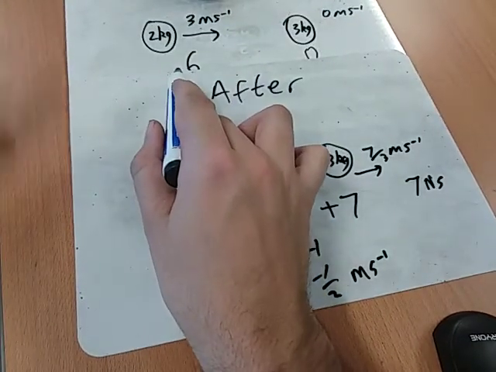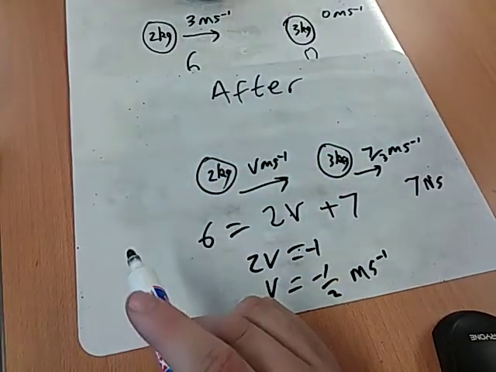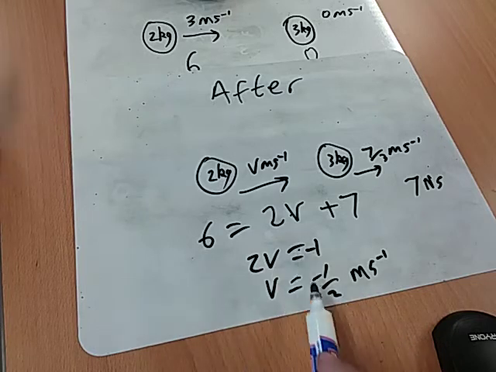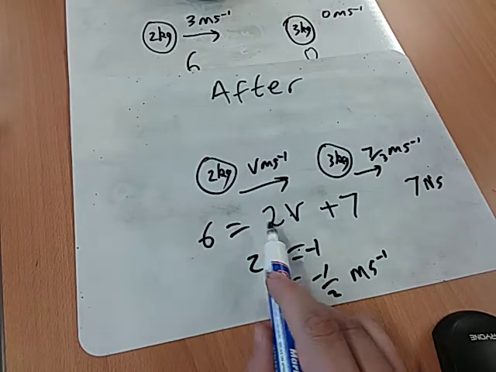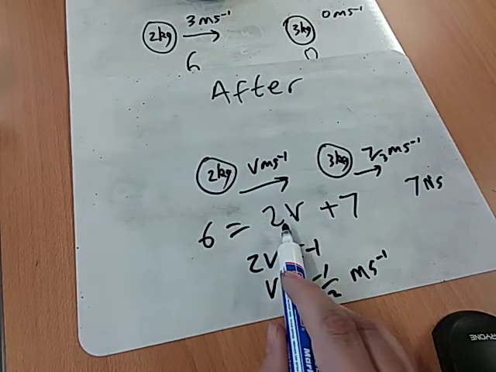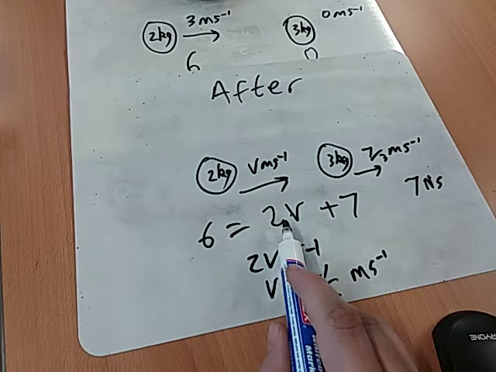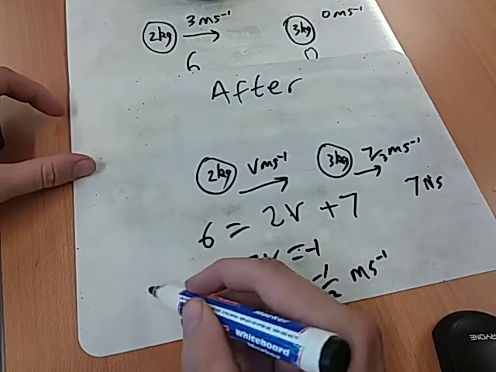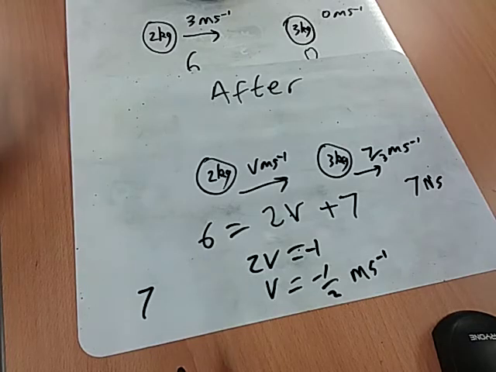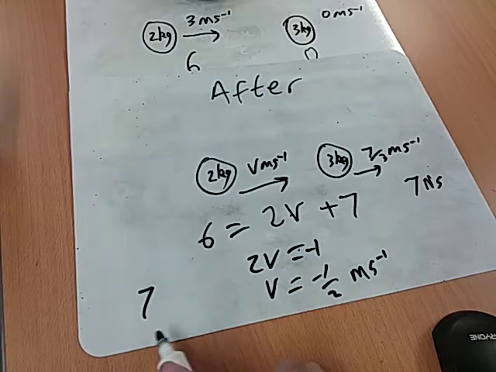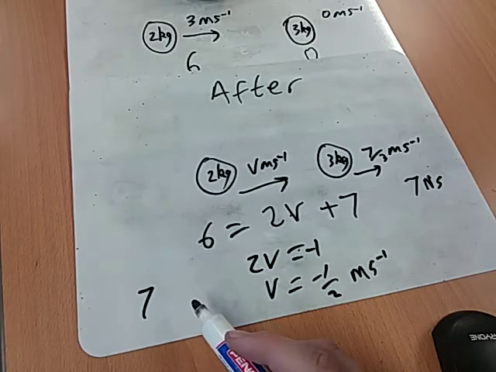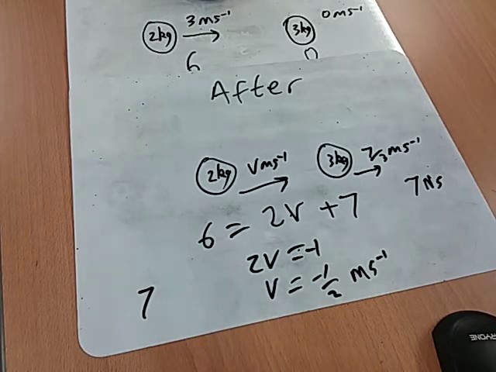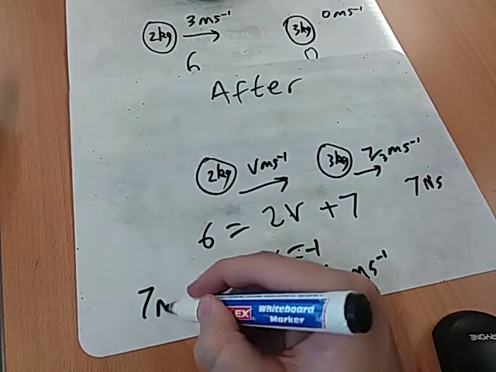Its initial momentum is 6. Its momentum afterwards, if we put v in as -1/2, its new momentum here would be -1. And so the change in momentum would be 7. I've just made that a positive number. I know it comes out as -7, but you can think of impulse as we want a scalar here. And so it's 7 Newton seconds.